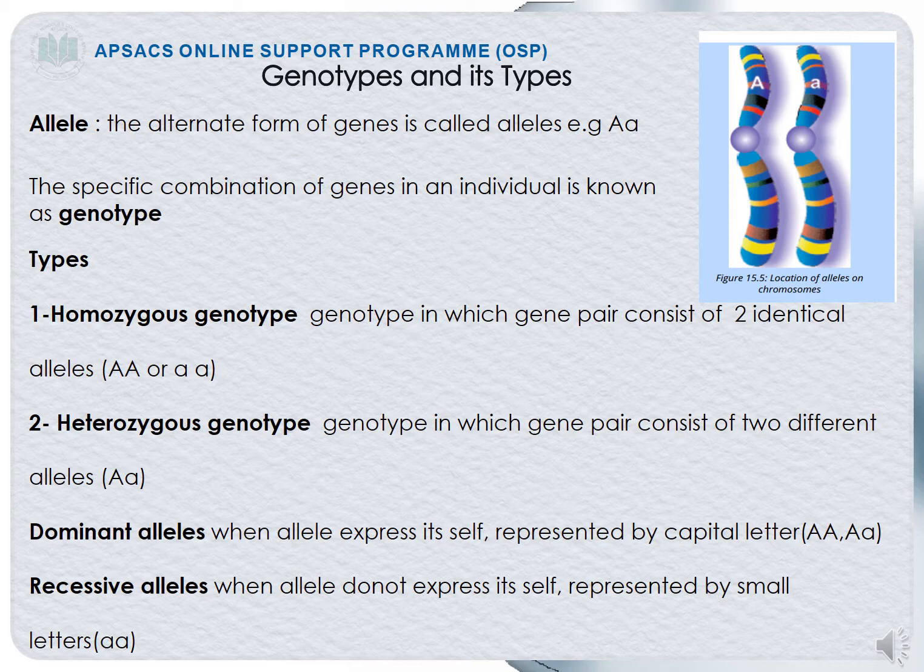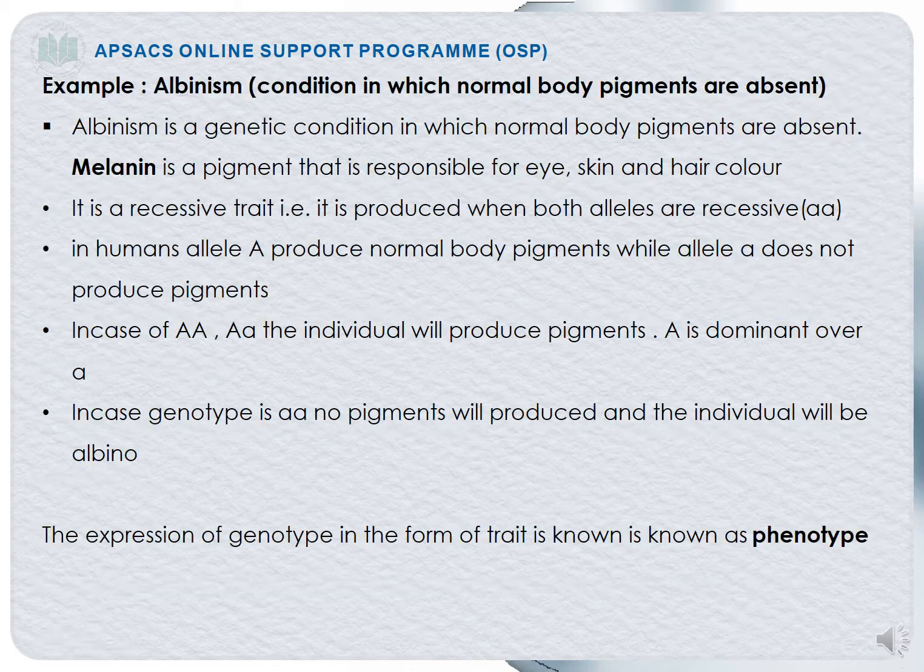But in heterozygous genotype, the pair is present in two different forms, that is capital A and small a. But still here the capital A will always be dominant and it will mask the expression of this small a, so the small a will not express itself.